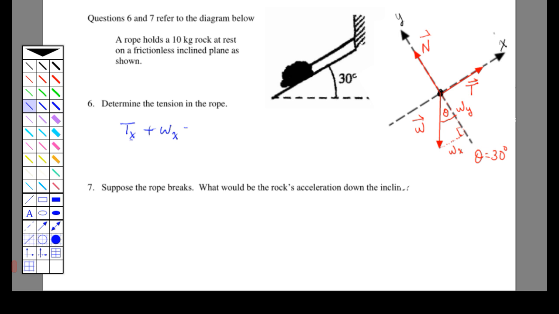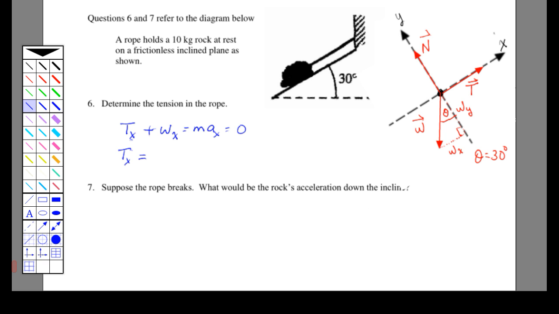And from Newton's second law, this is equal to mass times acceleration in the x direction, which is 0 because the rock is in static equilibrium. Okay, so note that we can solve for Tx.